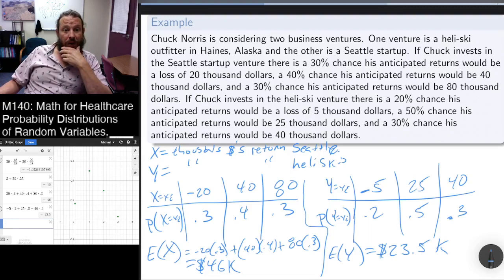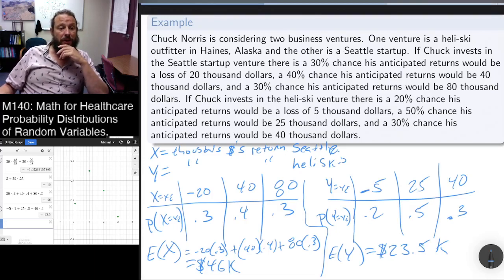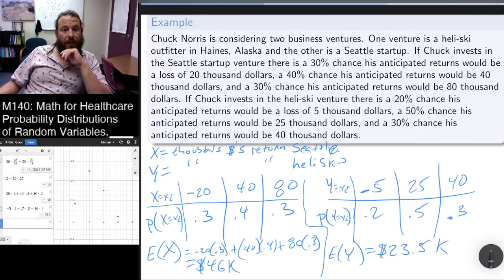Whereas the heli ski, you only have a 20% chance, and you'd only lose $5,000. All right, so it does seem the Seattle's a little riskier, but can bring you more money, and usually you've got to find the medium between those sorts of things. Okay.